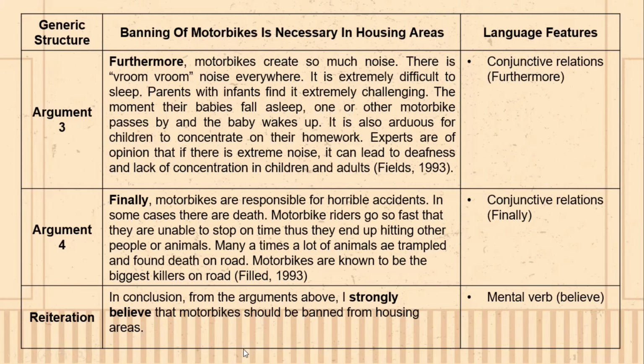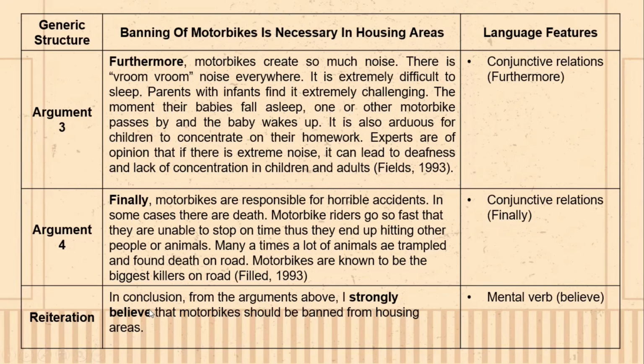Many times, a lot of animals are trampled and found dead on the road. Motorbikes are known to be the biggest killers on the road. Fields 1993. The language feature is the same as the fourth paragraph: a conjunctive relation, finally, the first word in this paragraph.